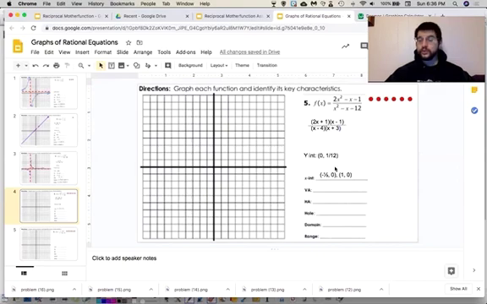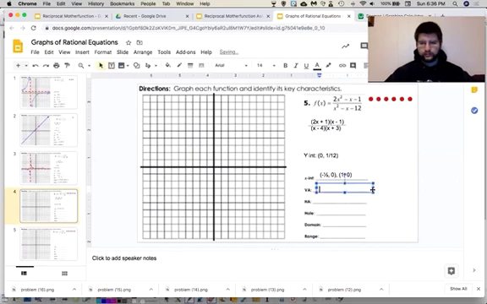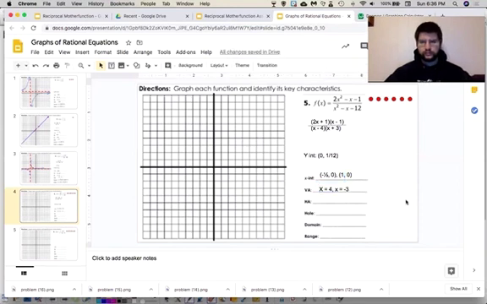Vertical asymptotes. X is 4 and negative 3. So it's wherever the denominator equals 0, it equals 0 at 4, and it equals 0 at -3.